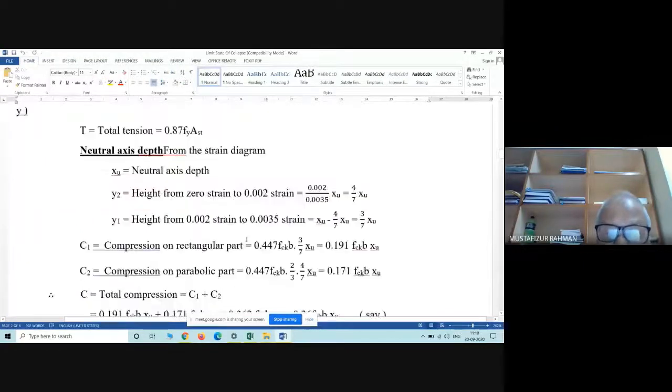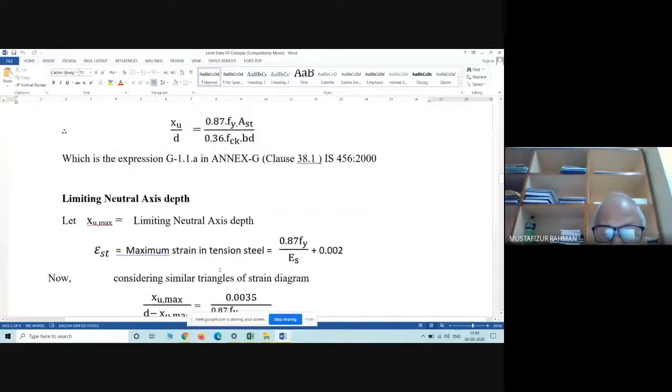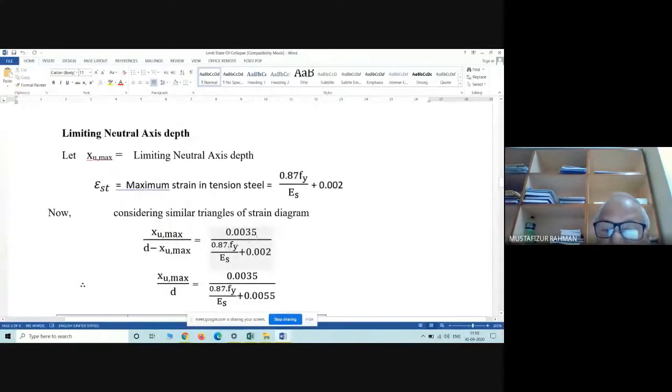So that's why it is written 0.0035 divided by this. Okay. So just permutation and combination you had got.